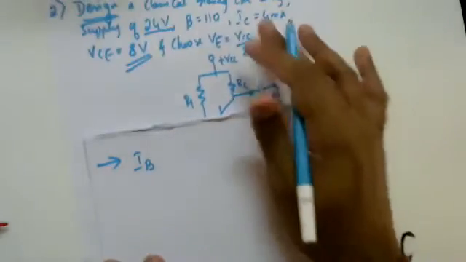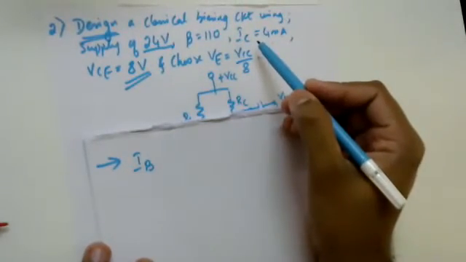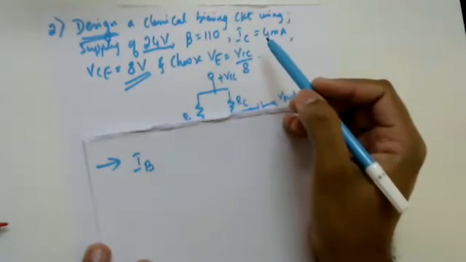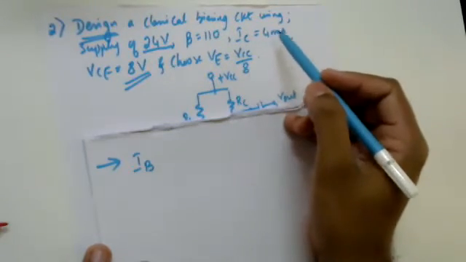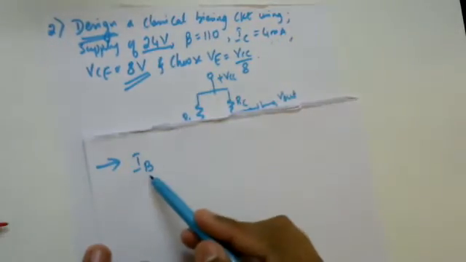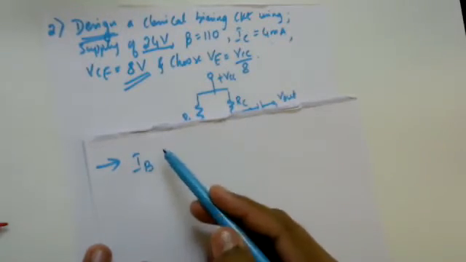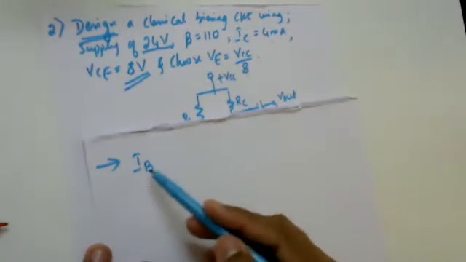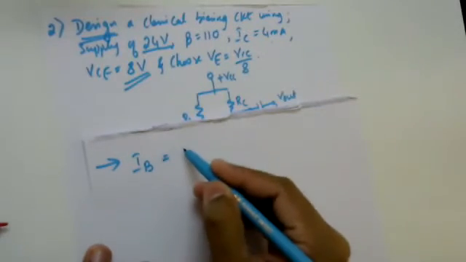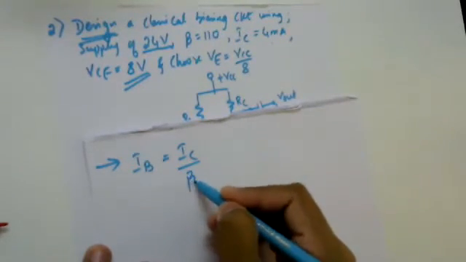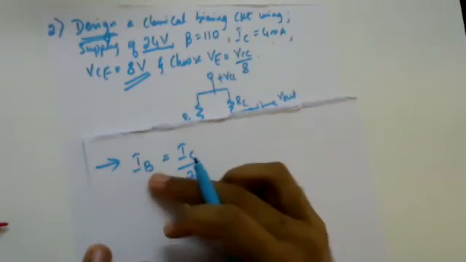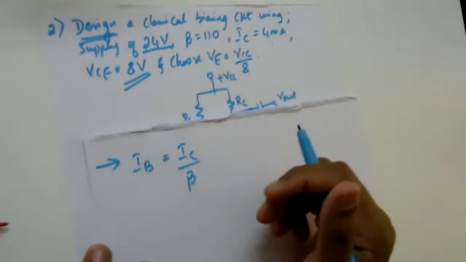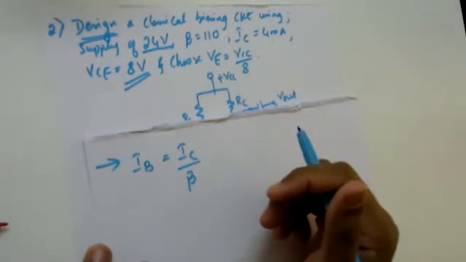Since he has given us the value of IC, I can compute the value of IB as IB equals IC divided by beta.